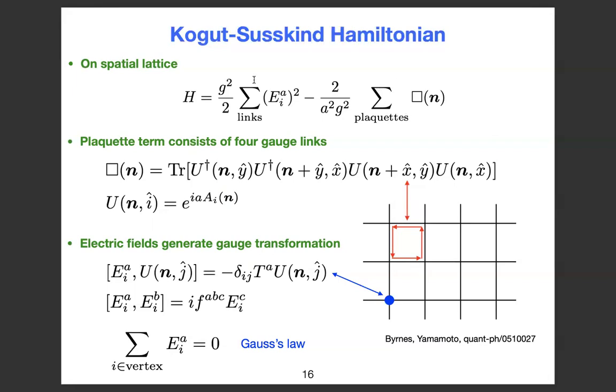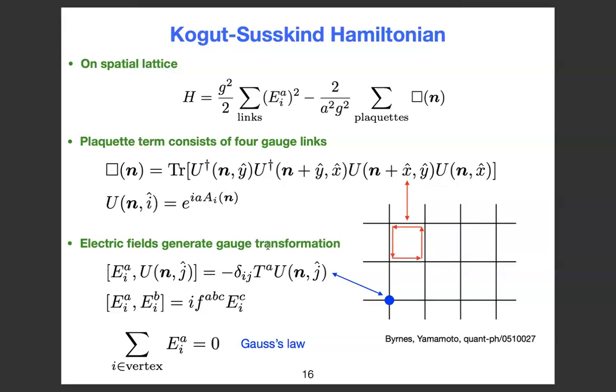The electric energy part involves the electric field operators, which live on the links of the lattice. The magnetic energy part consists of the plaquette operator, which consists of 4 Wilson lines, and they just live on the plaquettes of the lattice.